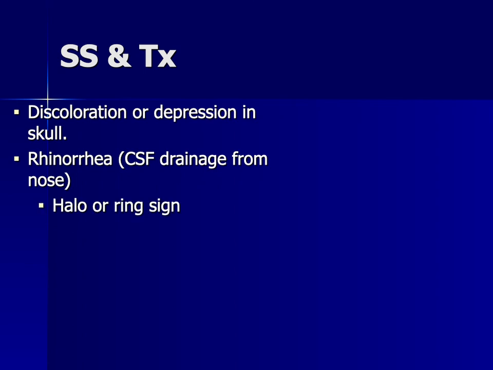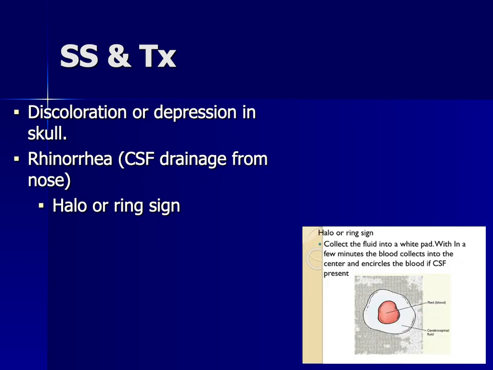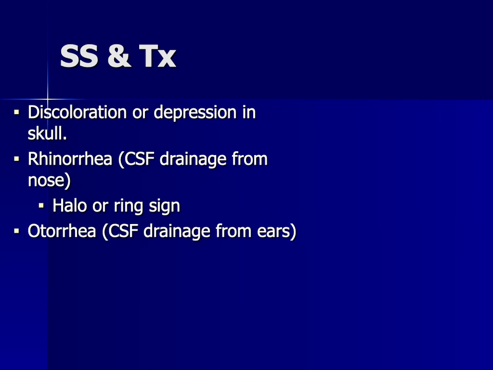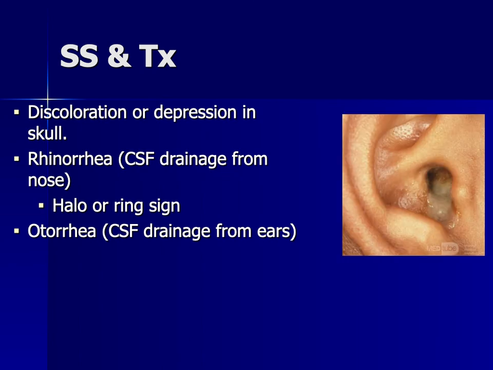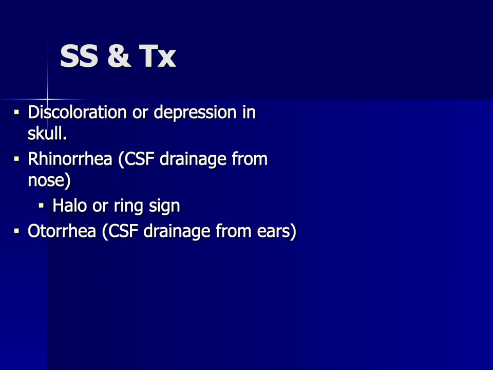We can have rhinorrhea, which is cerebrospinal fluid drainage from the nose. This is a halo or ring sign, so you get something white, dab their nose, and we'll see blood on the white container, white pad. Otorrhea, which is the cerebrospinal fluid drainage from the ear, as you can see in that picture.